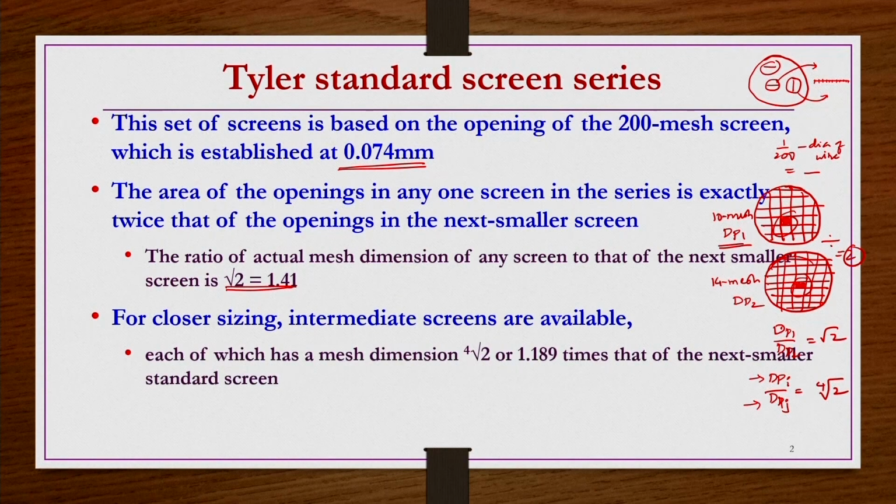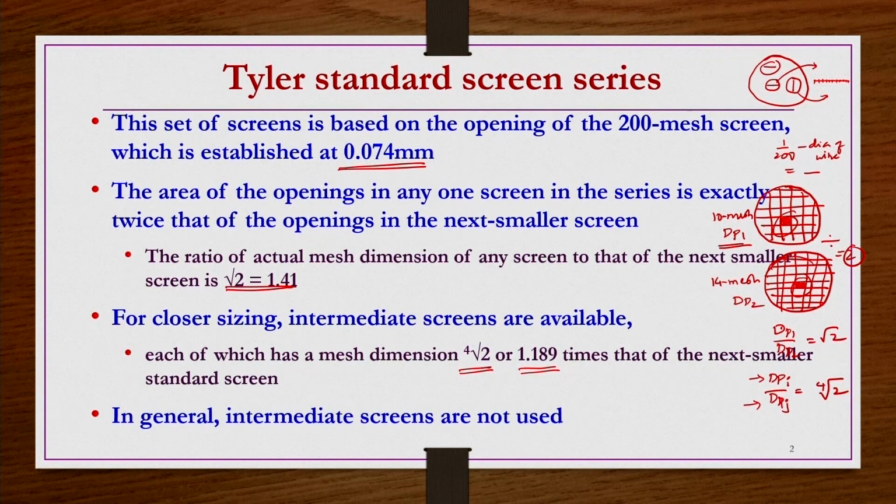Each of which has a mesh dimension of 4th root of 2, that is 1.18 times that of the next smaller standard screen. This is the basis on which Taylor standard screens have been designed. But in general intermediate screens are not used, they are used only for specified applications wherever the requirement is there. So, this is the Taylor standard screen series.